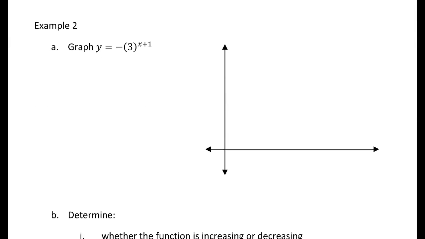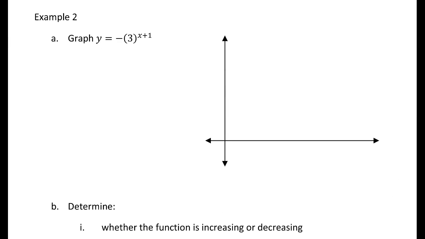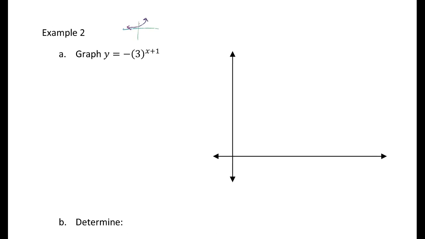So, what about this one? Well, I know that because my base is greater than 1, I'm going to expect my graph to look like this. I know that this piece here, again, is going to be shift left.